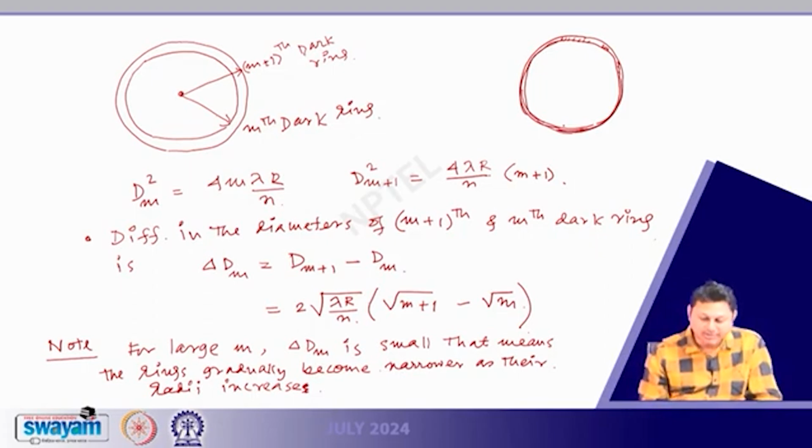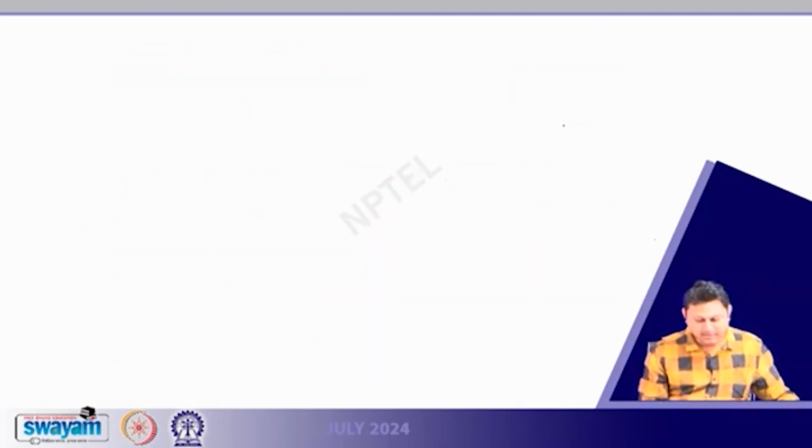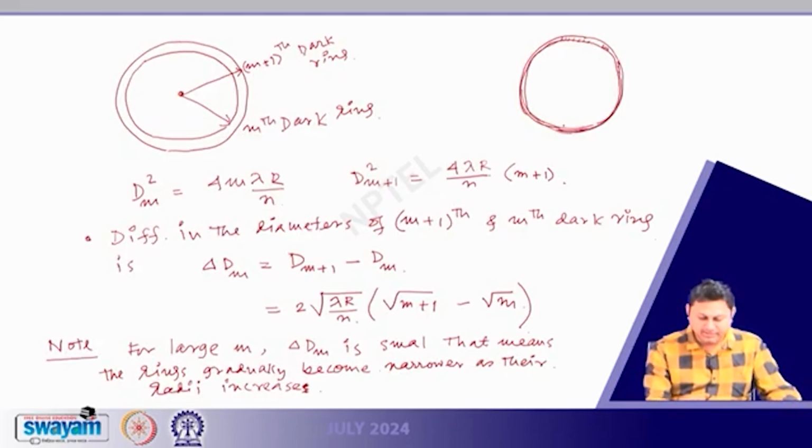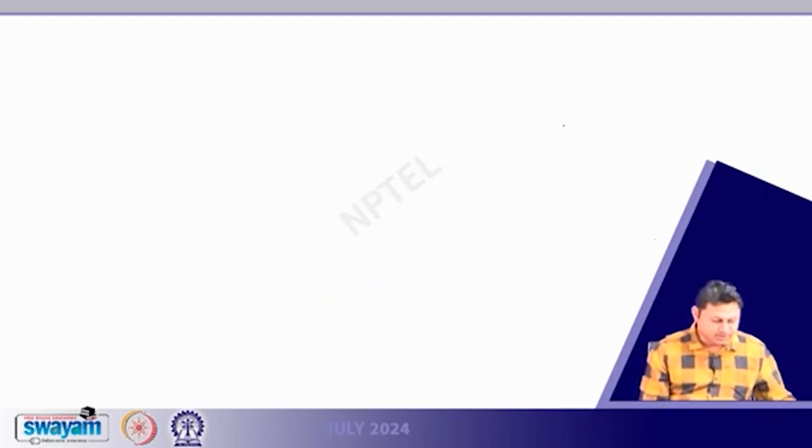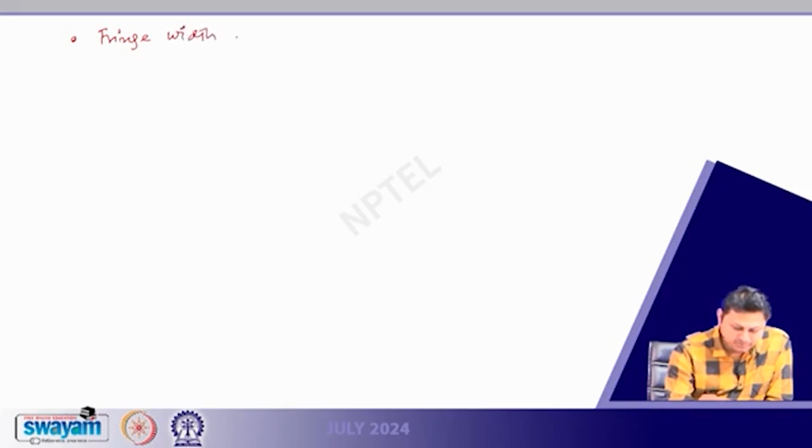So I want to find out what is the fringe width of this system, and one can figure it out exactly the way we did for how the separation between these two fringes is changing. So here we are doing the fringe width calculation.